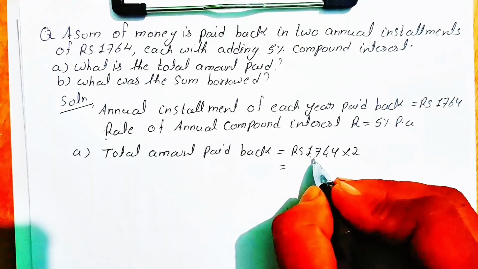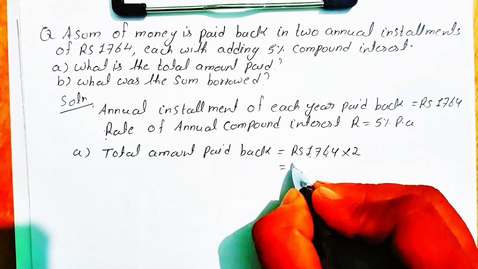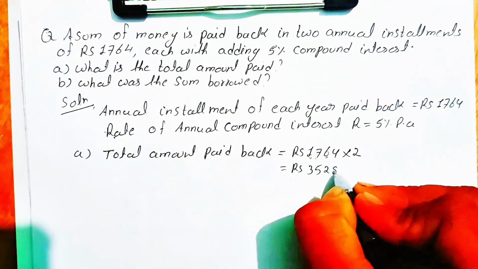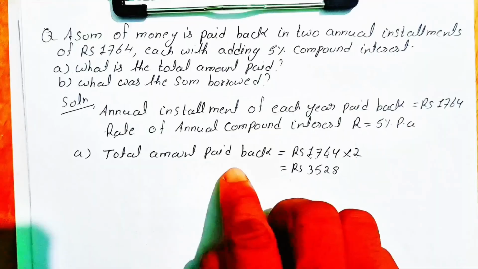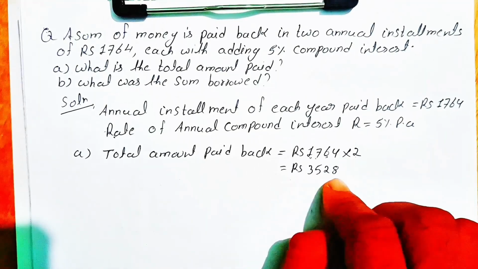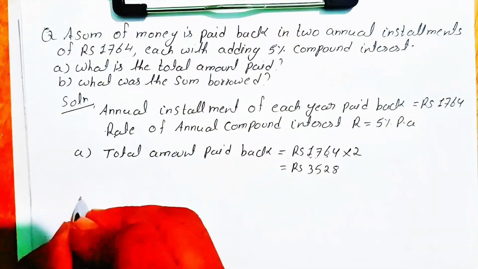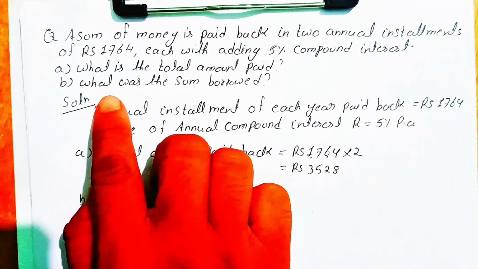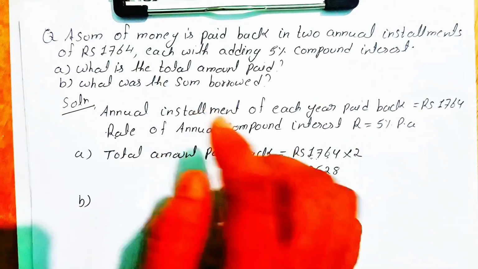The total sum paid back is Rs3528. So in the 2 years the total installment paid is 3528 rupees.